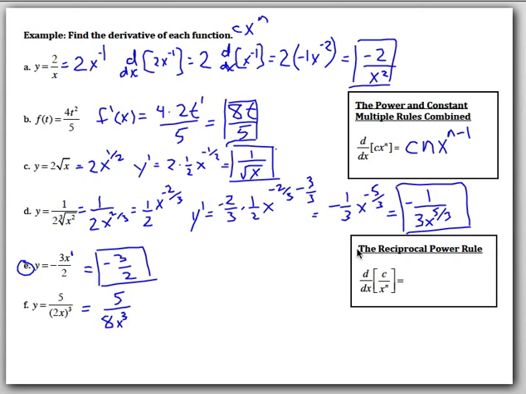Now I do want to show you another shortcut, and it's the reciprocal power rule. So instead of flipping this up as x to the -3rd and then doing all of that, we can say, well, if we have c over x to the nth power, we would flip this up and it would become x to the -n, like this.